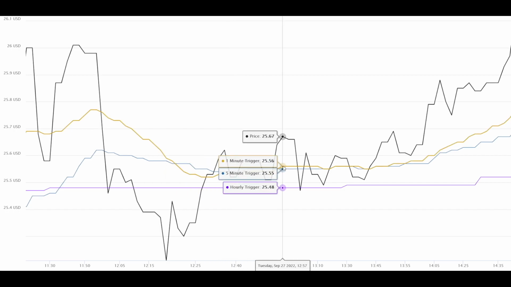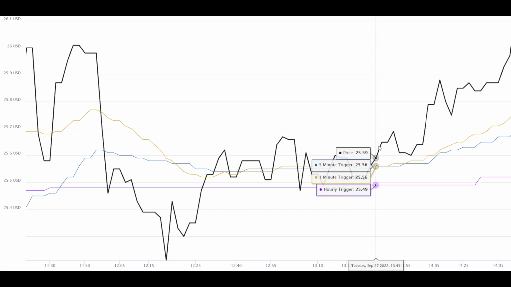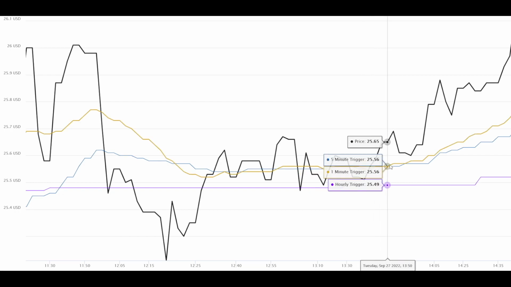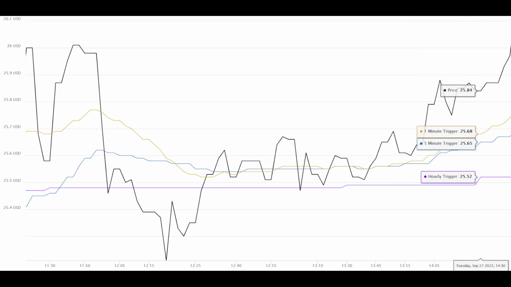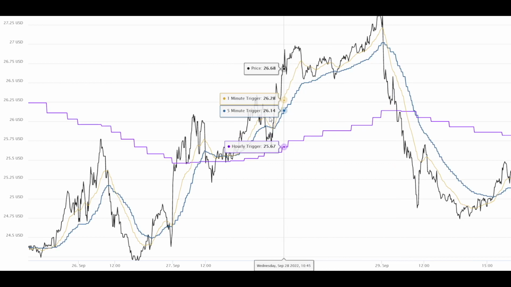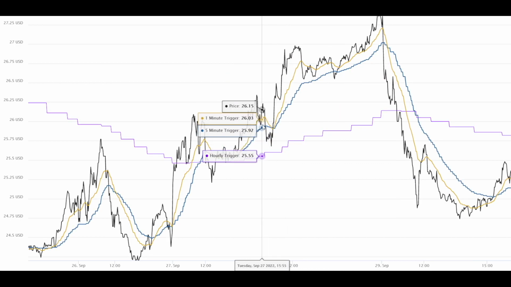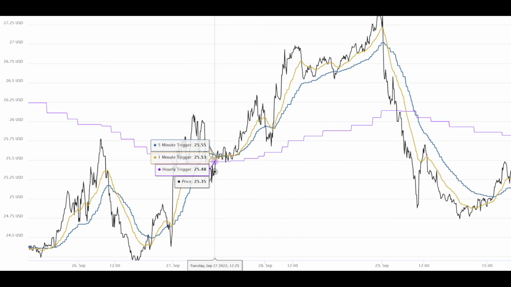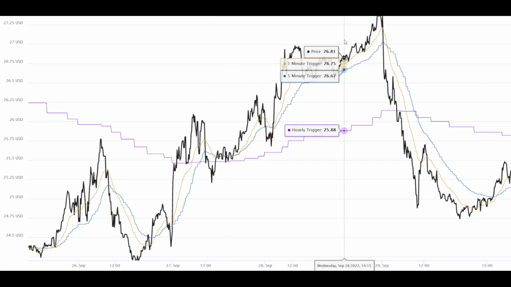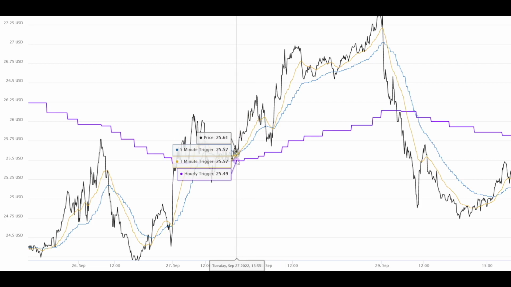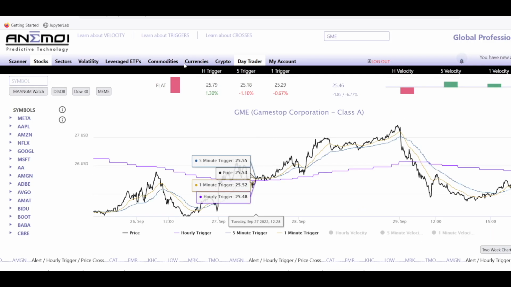So when this happens, once price lifts above all 3 triggers and the 1 minute trigger lifts above the 5 minute trigger, you automatically expect a powerful move coming, more powerful than an airplane. So this is an airplane right here. When you have a 3 trigger cluster set up, you expect a really powerful move to the upside. When you have a 3 trigger cluster set up to the downside, let's look if Apple had one actually.